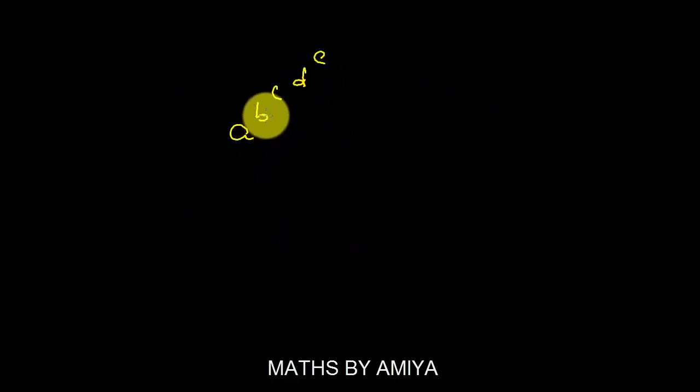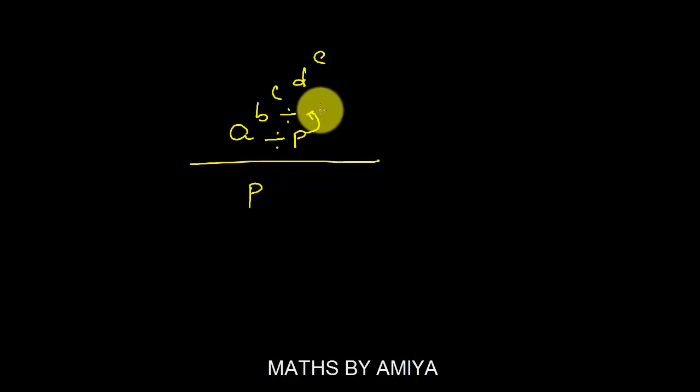When the number is a raised to power b raised to power c raised to power d raised to power e and divided by, say, a number p where every pair is co-prime, first of all we divide a by p, we divide each power by the cyclicity of the corresponding number, and replacing the powers with the remainders, we get the answer.